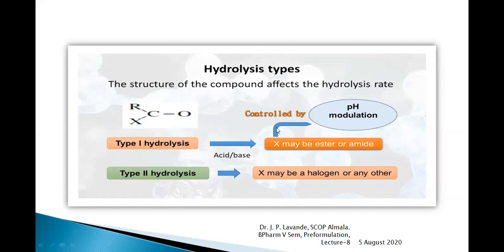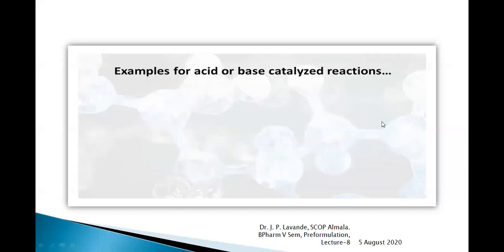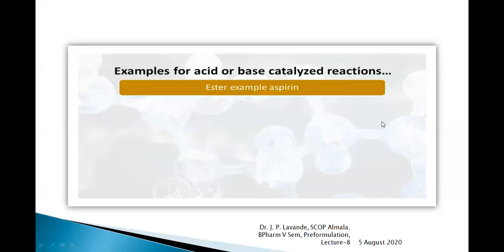Now, if we are going on controlling the values of the pH, we can go for controlling this type of hydrolysis through the process of pH modulation, pH modification. There are some examples of acid or base catalyzed reactions.